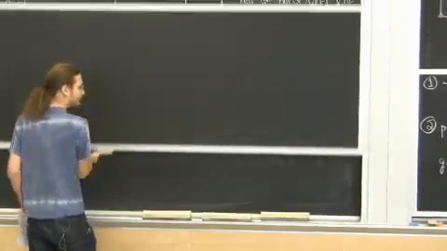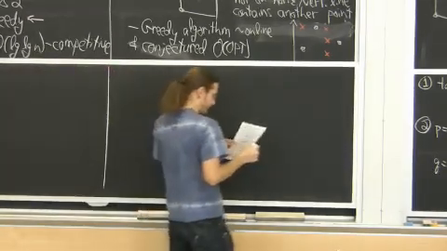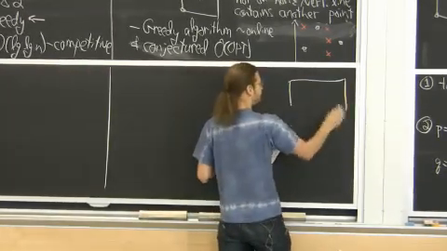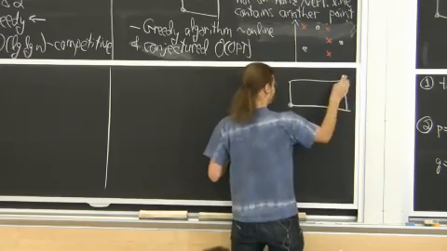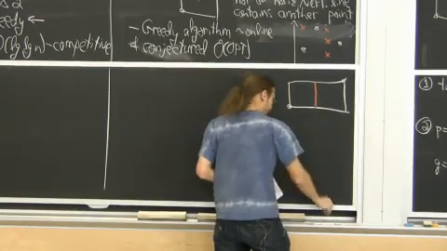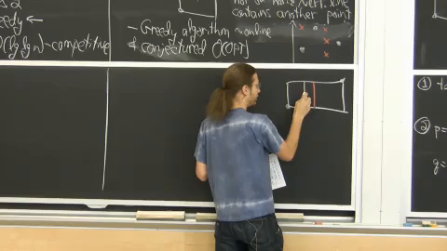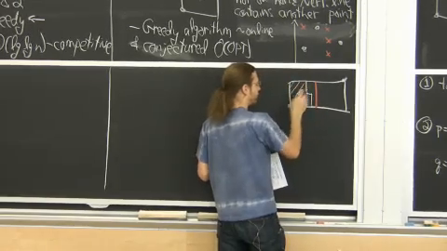Okay, let me draw that picture. Make it a little clearer. So, something like this. We've got our red line, and we've got this picture.